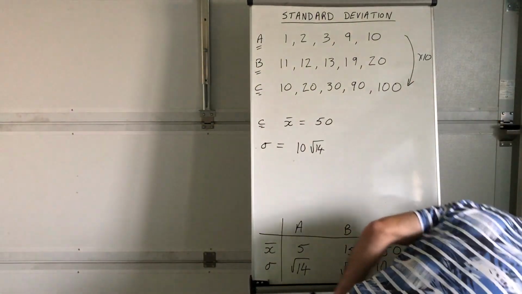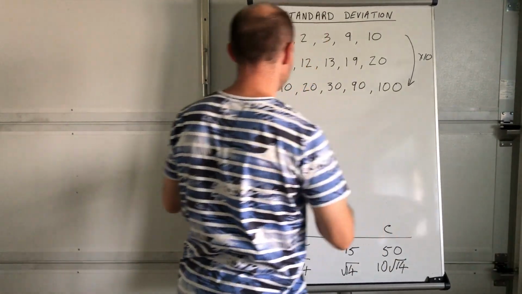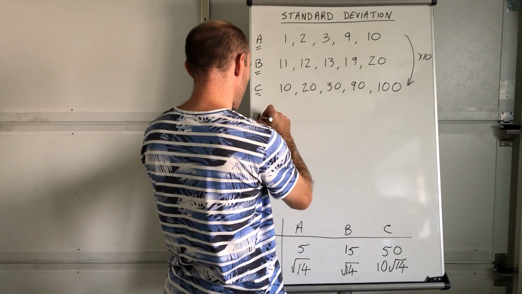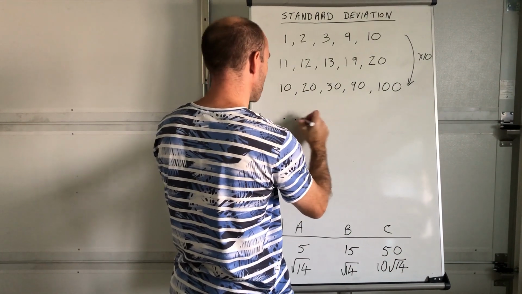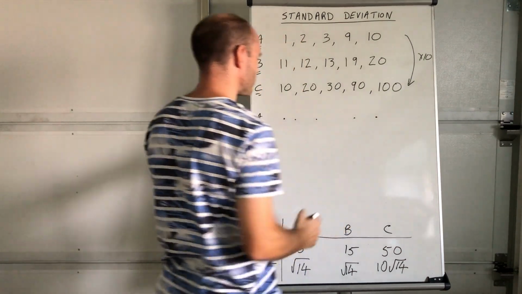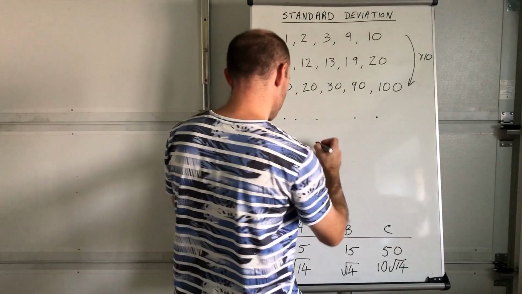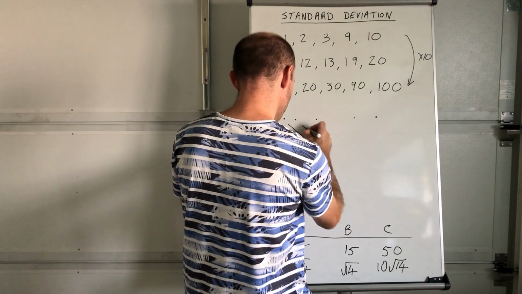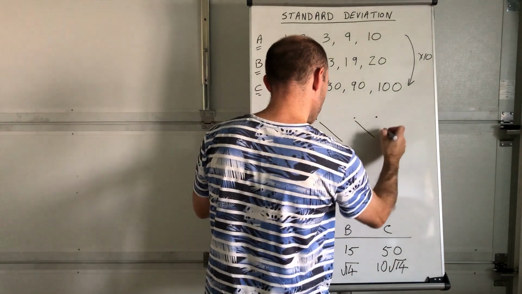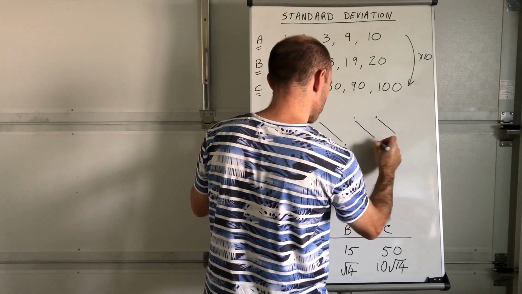Let me just show you a visual demonstration of what has actually happened. Here I've got data set A, with my values, which are reasonably spaced out. In just adding on 10 to all these data values, the same value, to get these, they're just equally spaced out.